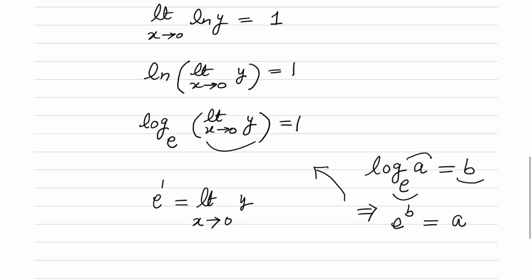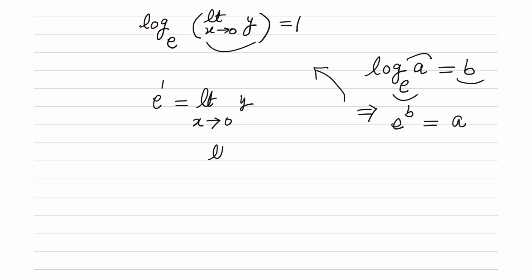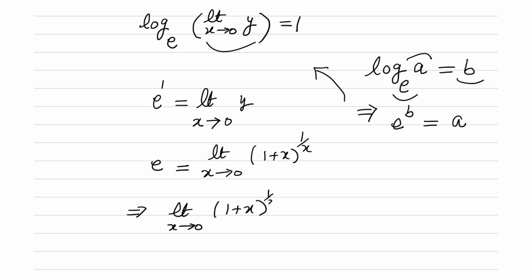So we write here the value of y: limit x approaches 0 of (1 plus x) to power 1 over x is equal to e. This is what we wanted to find, and our answer is e.